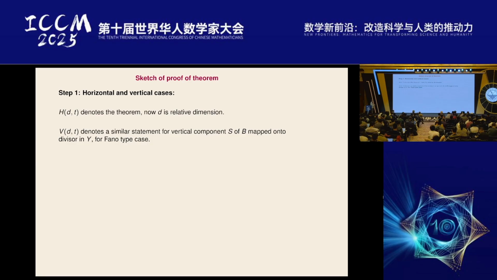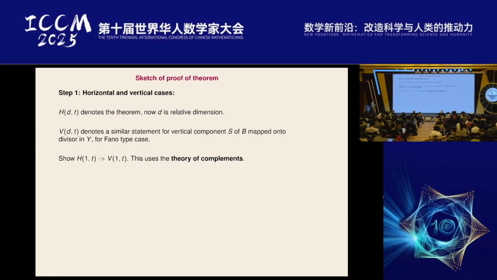We assume that the fibration has some sort of Fano structure. We also assume that these components S, if they are vertical, map to divisors on the base rather than to an arbitrary subset. So that kind of simplifies the situation. But in the end, I think this should not be necessary. Just assuming Fano type should imply all the horizontal cases.